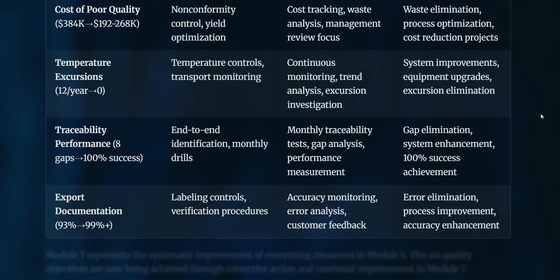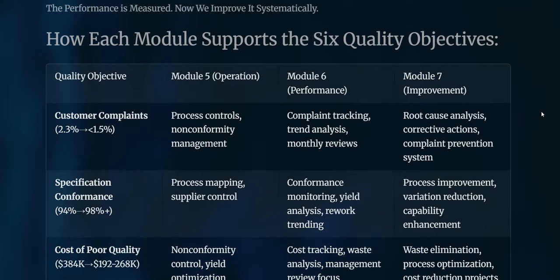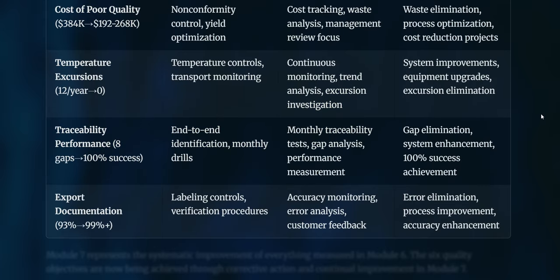Then from Module 6, performance evaluation, we have continuous monitoring, trend analysis, and excursion investigation. And today, in Module 7 improvement, we will have system improvement, equipment upgrade, and excursion elimination.